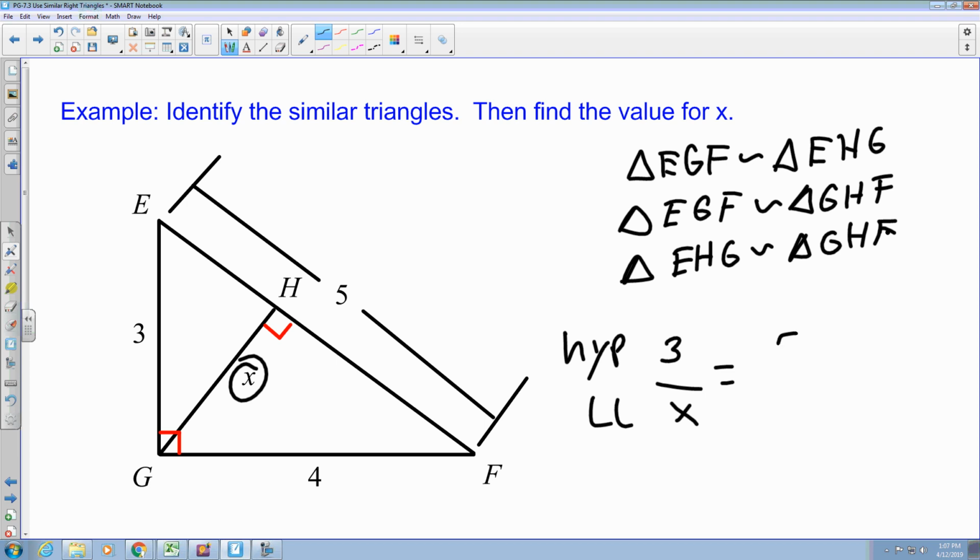We know that hypotenuse is 5 over the long leg, in this case, is 4. So when I do the cross products, I get 5x equals 12. And then I just take 12 divided by 5, that means x is going to equal 2.4. Okay.